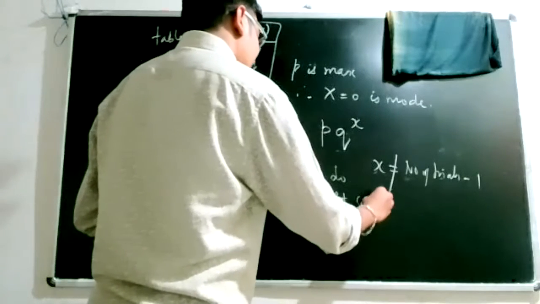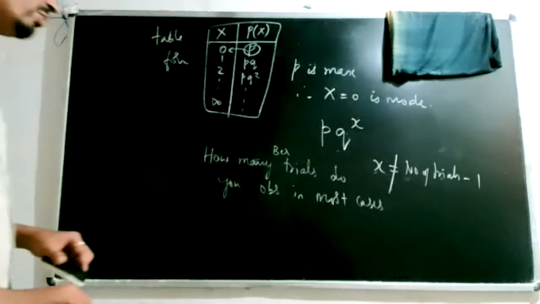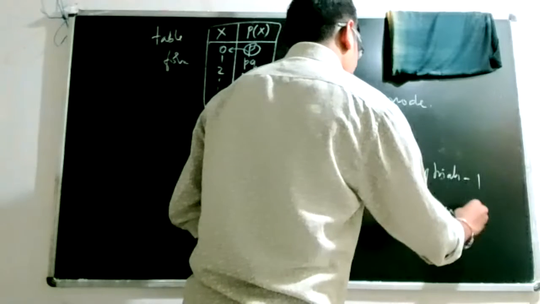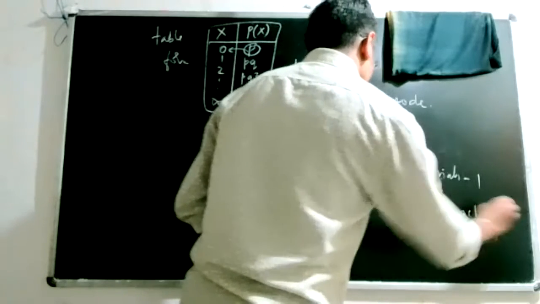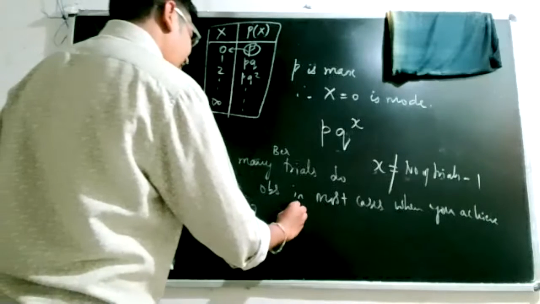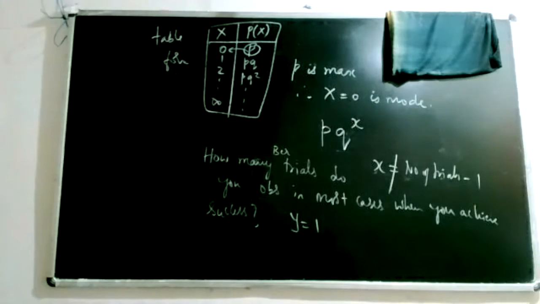In most cases, how many Bernoulli trials do you observe in most cases when you achieve first success? So if you are answering this question, then you say y is equal to 1. So that is the modal value.